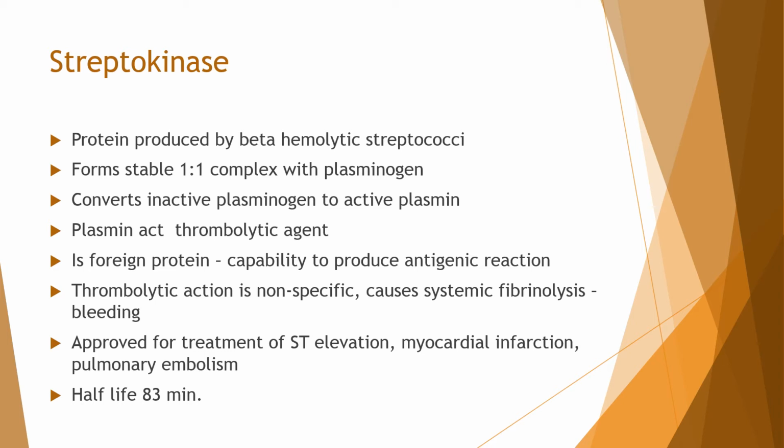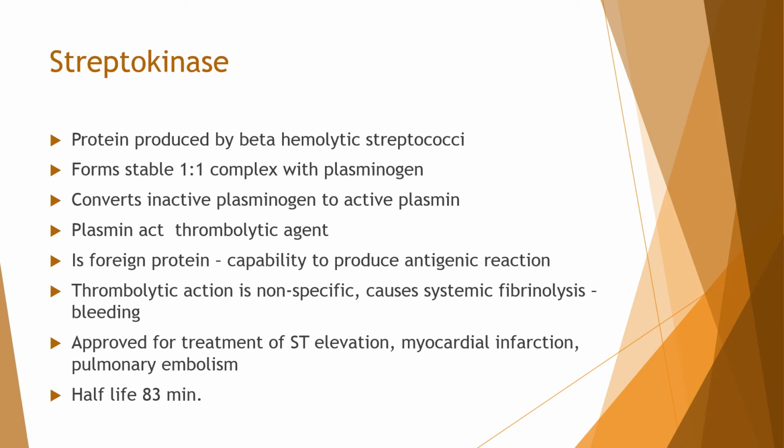It is a foreign protein. For our body, streptokinase is a foreign protein, so it has the capability to produce antigenic types of reactions inside our body. Moreover, the thrombolytic action of streptokinase is completely non-specific. It also causes systemic fibrinolysis, leading to bleeding.